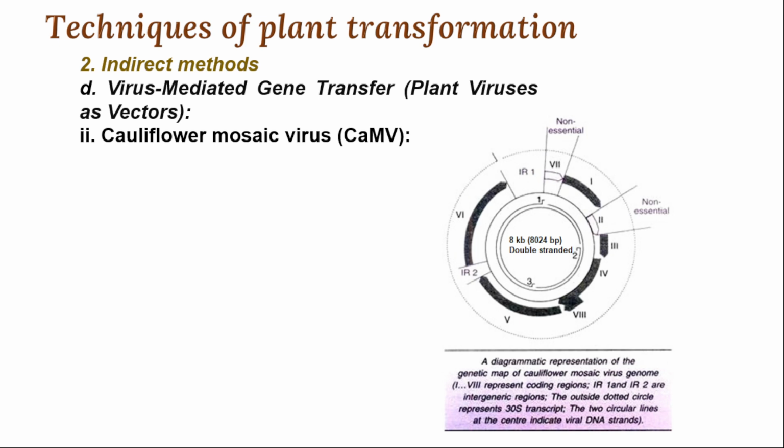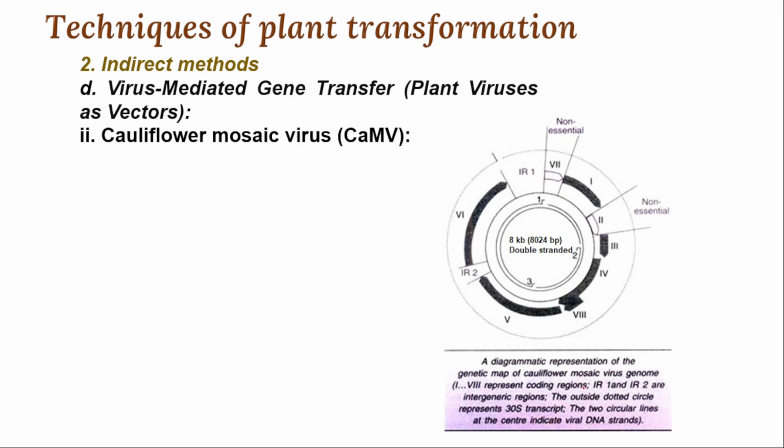Next, one more type of virus-mediated gene transfer is the cauliflower mosaic virus. This is a double-stranded virus. It contains around 8,000, not 8,024, base pairs, so around 8 kb capacity is there.